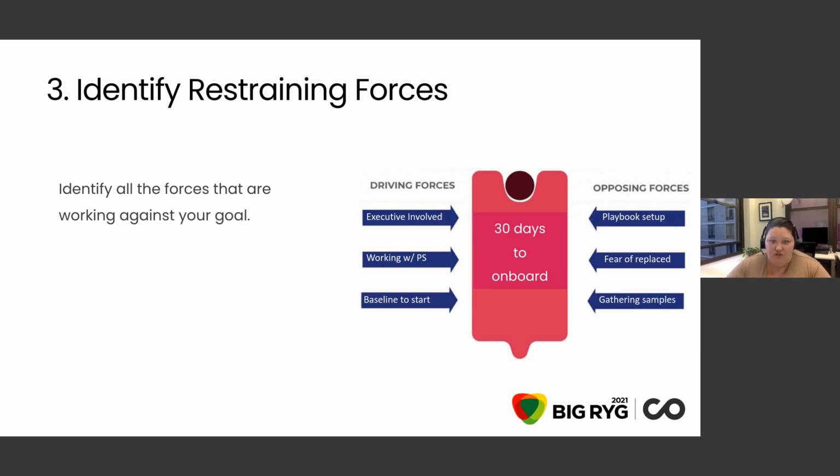That's a huge restraining force in customer adoption, people's fears. For us specifically at LawGeex, it's fear of being replaced. We work with lawyers, that's our point of contact, and they're worried that our technology is going to replace them. And that is absolutely something that is a blocker towards that goal of onboarding.